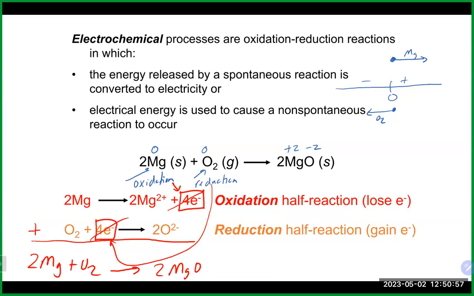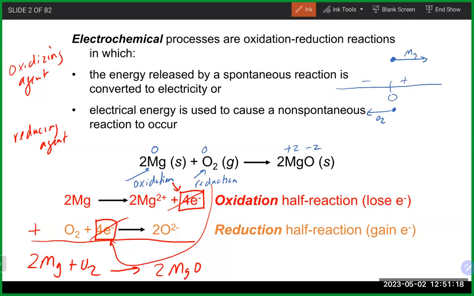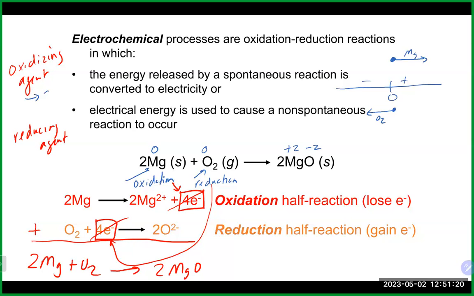Another important aspect of this is sometimes we're asked, what is the oxidizing agent or the reducing agent? And that is a different question than what is being oxidized and what is being reduced. So the oxidizing agent is always the substance that gets reduced.